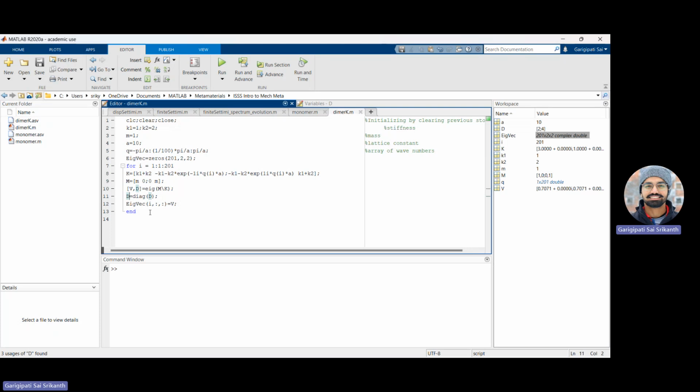So these are omega squares, right? And W is equal to the square root, that is, to the power 0.5.